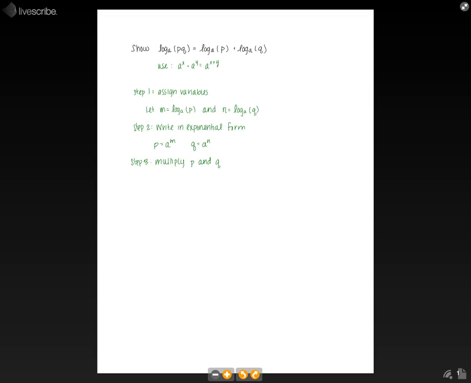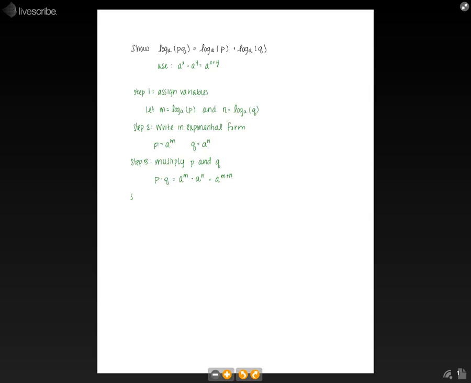So when we do that, we get p times q is equal to a to the m times a to the n. Alright, so now we can use that property of exponents to simplify that to a to the m plus n.